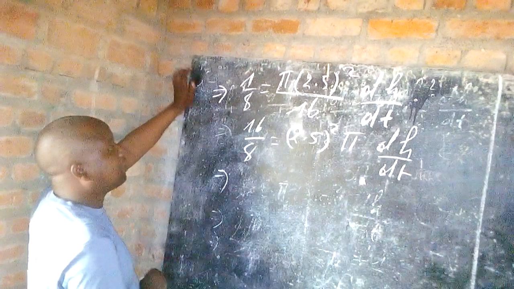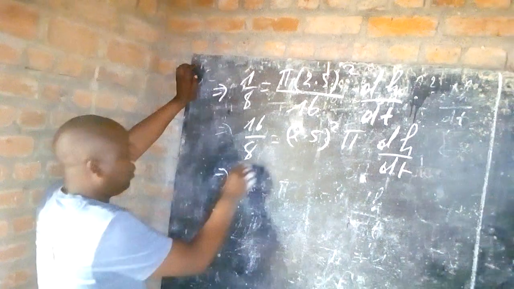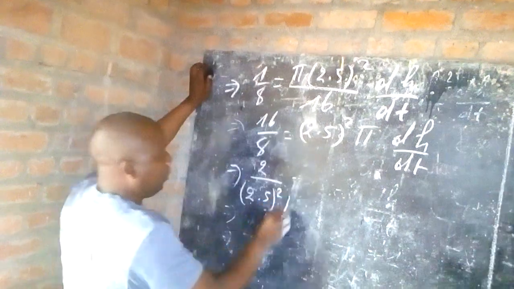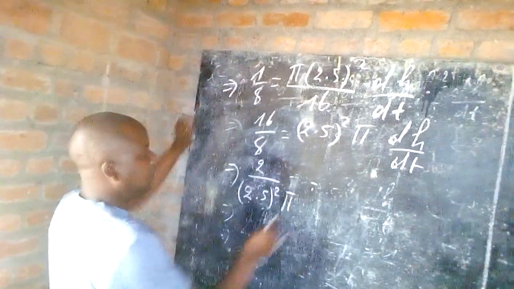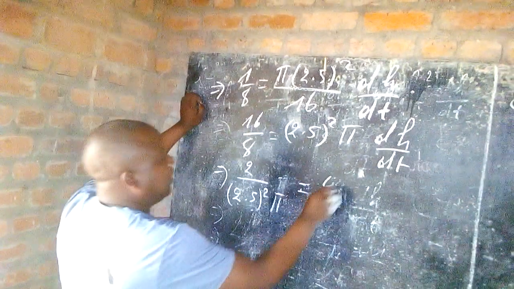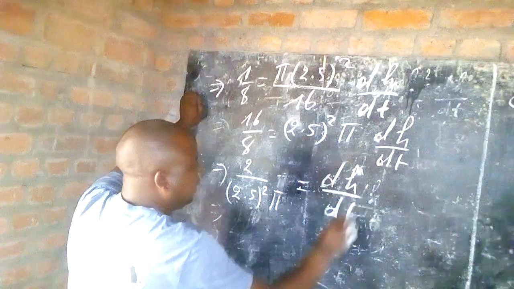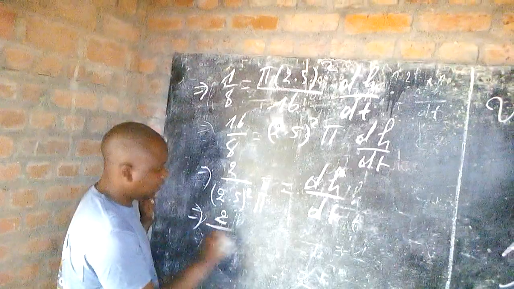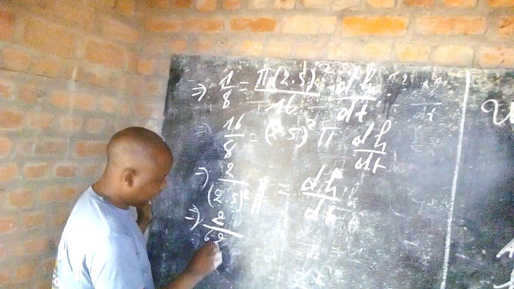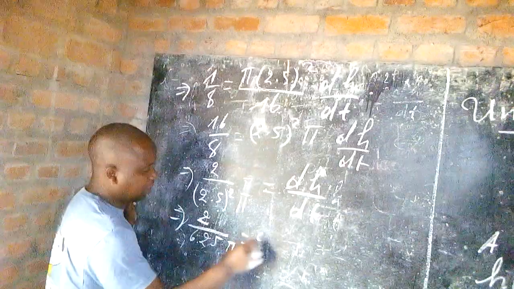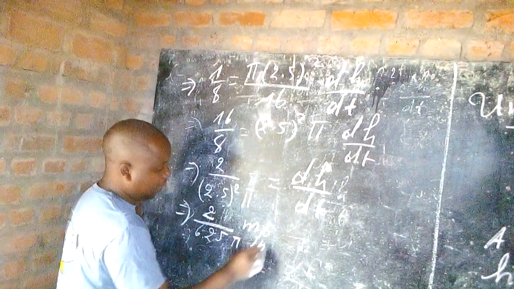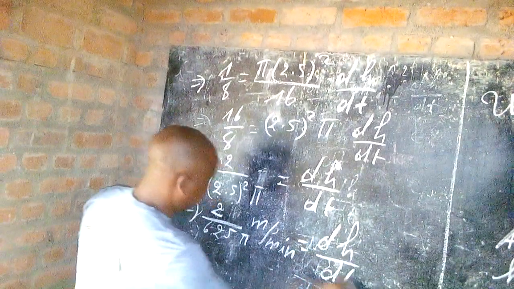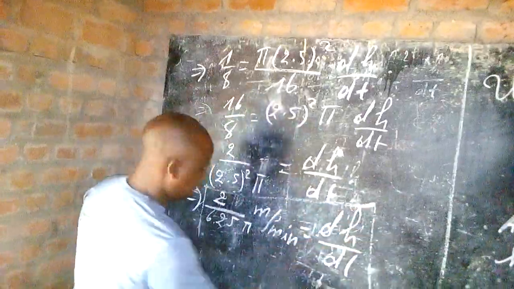Then we get 2 over 2.5 all square pi, which is equal to dh over dt, and we finally get 2 over 6.25 pi, in meters per minute, which is equal to dh over dt. This is the final answer.